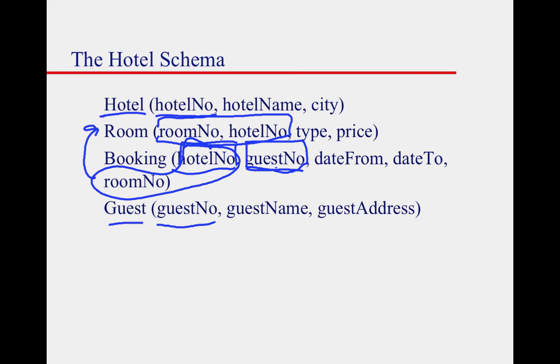So we actually tend to say that booking, while it is a relation, actually represents a relationship among the other 3 entities in our database. Again, we'll get to that more down the road. That's not something that's critical for you to know now. But a relation can represent either an entity or it can represent a relationship among entities. And booking actually is a relationship among entities.